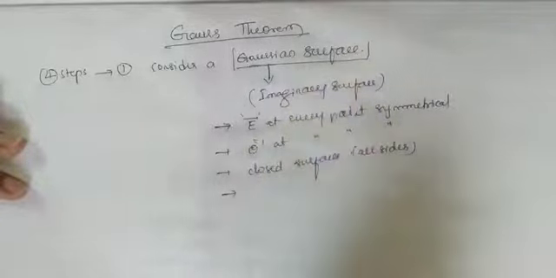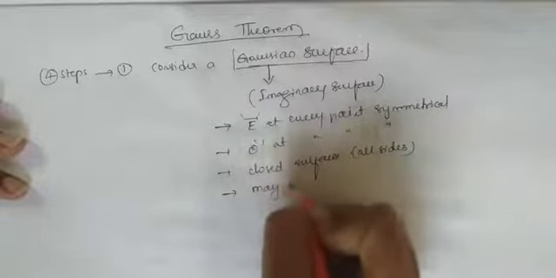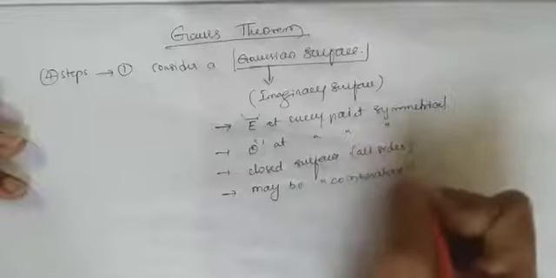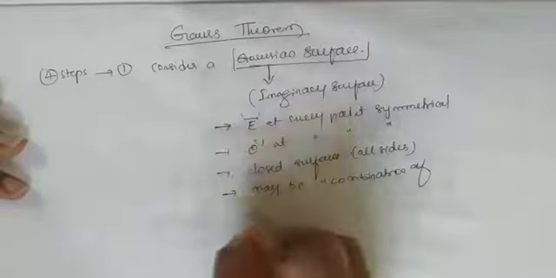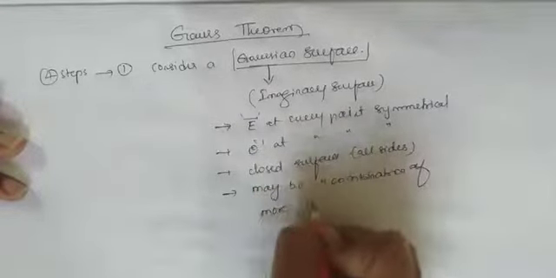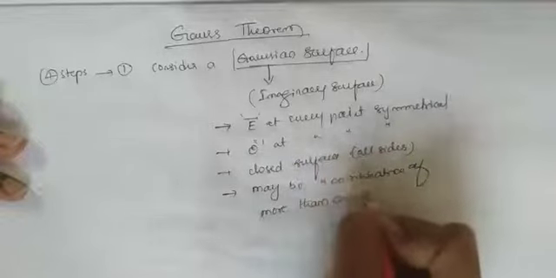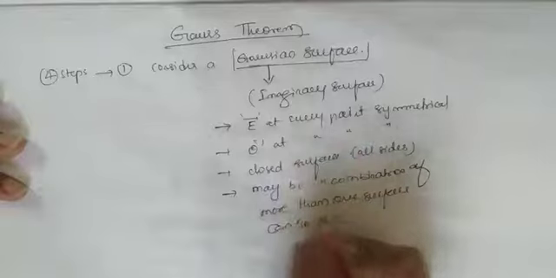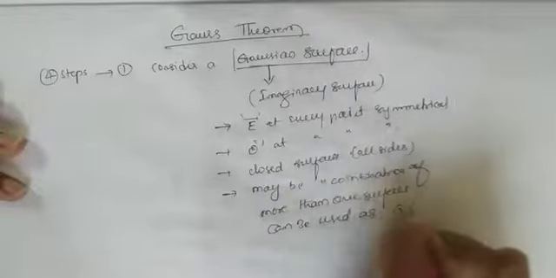So here we can use a combination of more than one surface as the Gaussian surface.